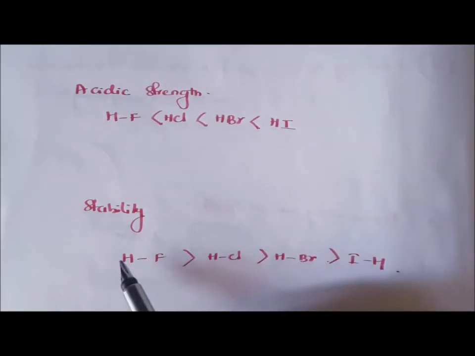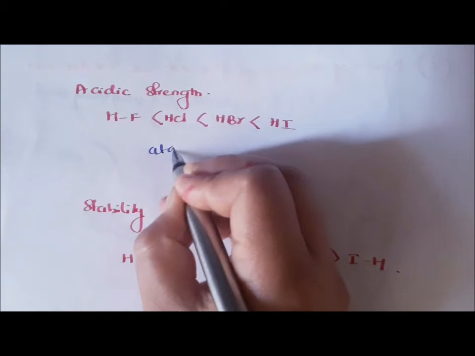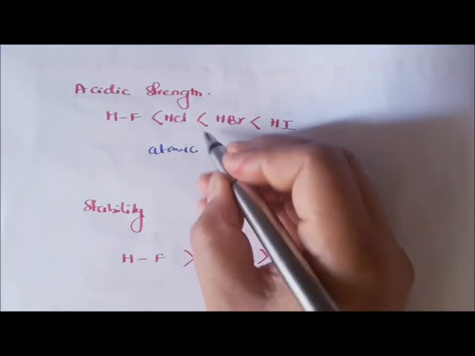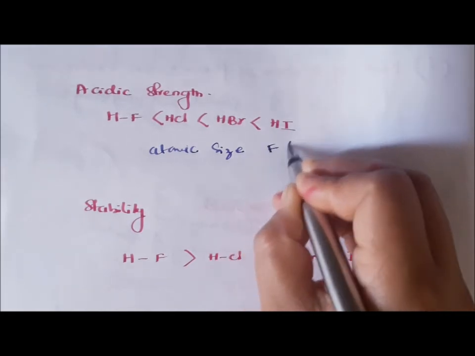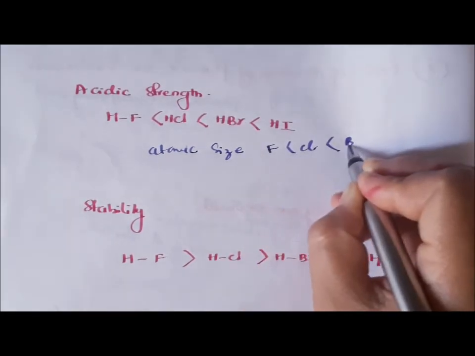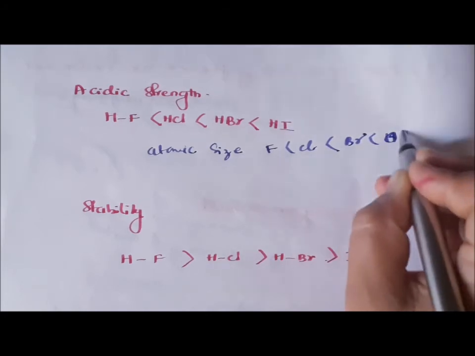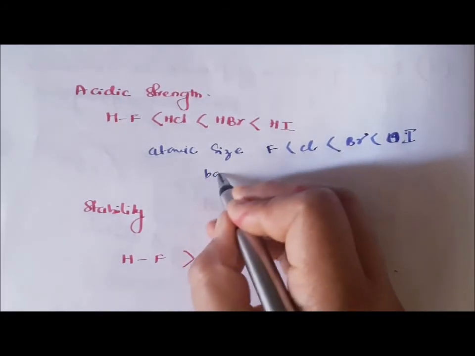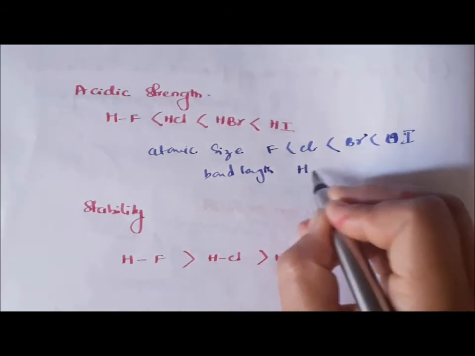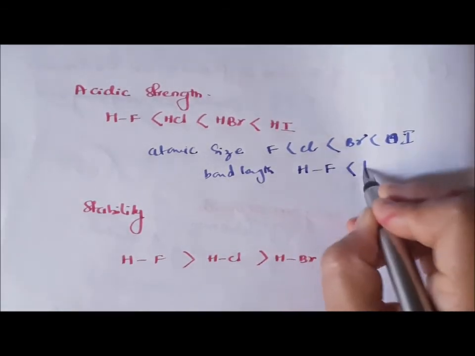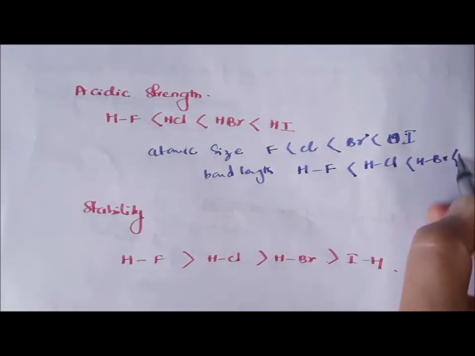Why? The reason is very simple. The atomic size of the halogen increases in the order F, Cl, Br, I. Then what will happen to the bond length because of the increased size? Yes, it increases in the order HF, HCl, HBr and HI.